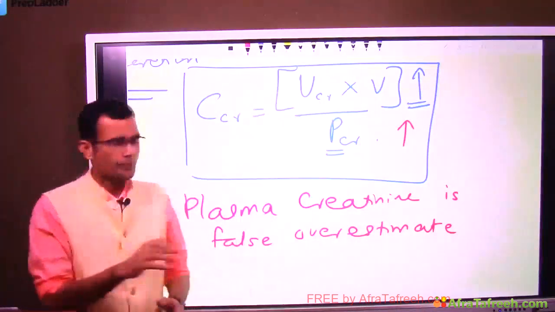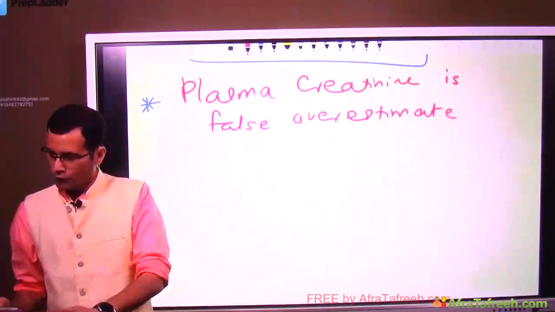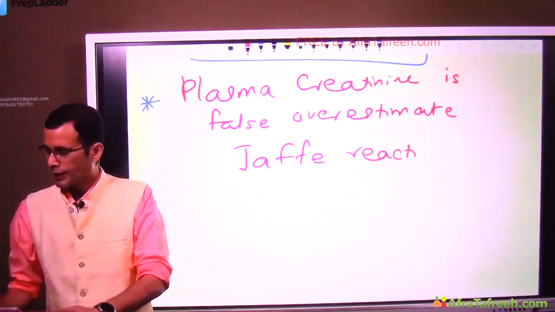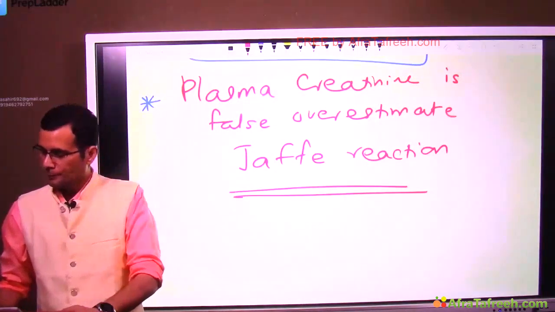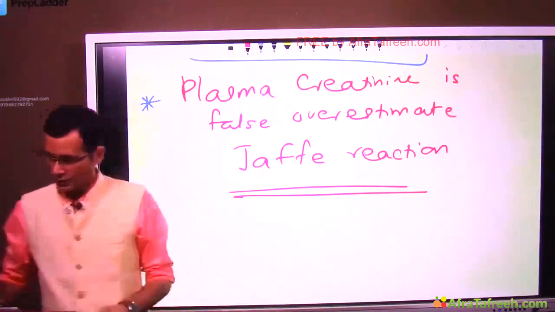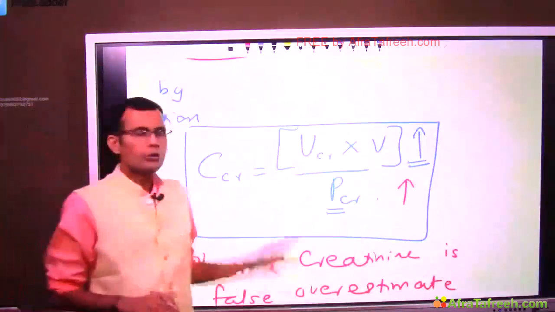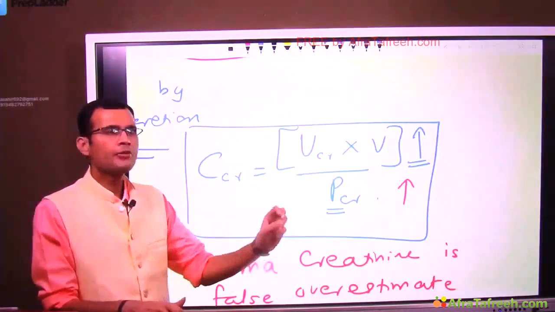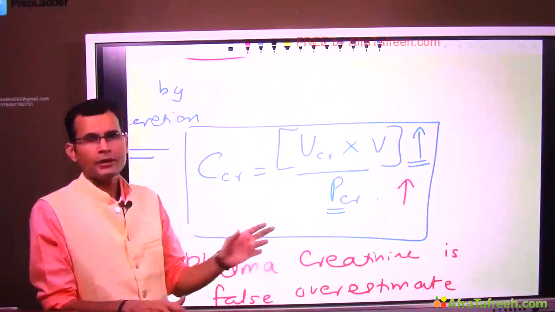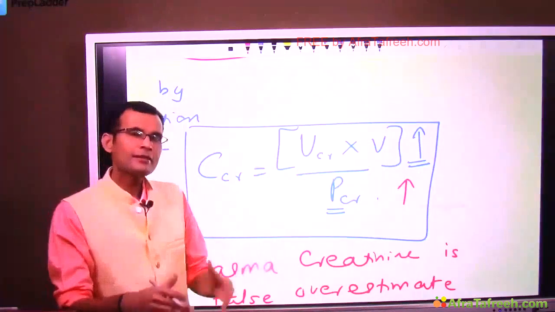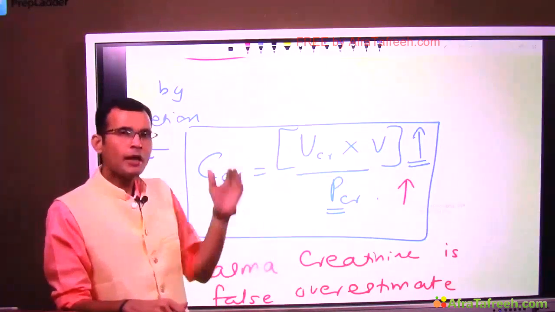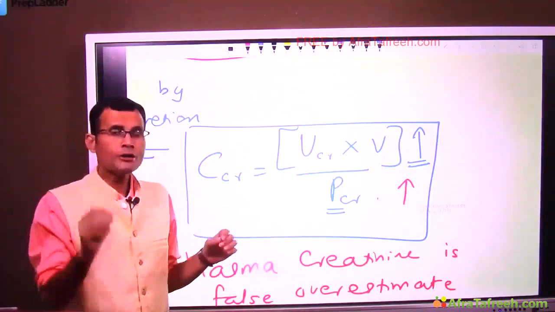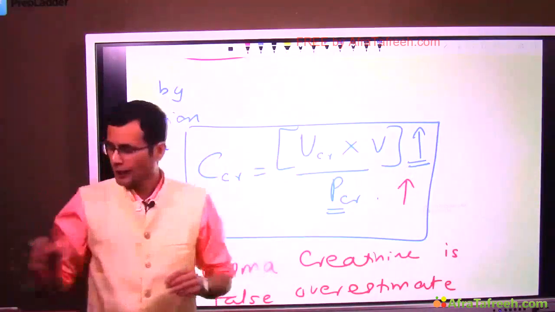Why is that? That's because of the so-called Jaffe reaction, named after William Jaffe. You know, we measure the creatinine by standard colorimetric analysis. So when we are measuring the plasma creatinine, there are some non-specific chromogens in the plasma.